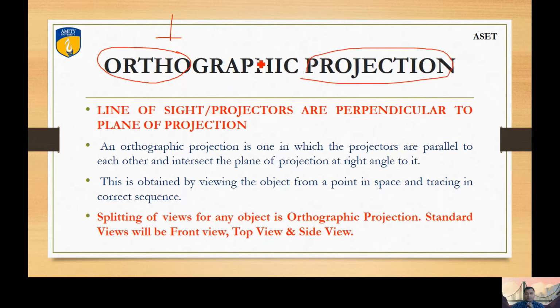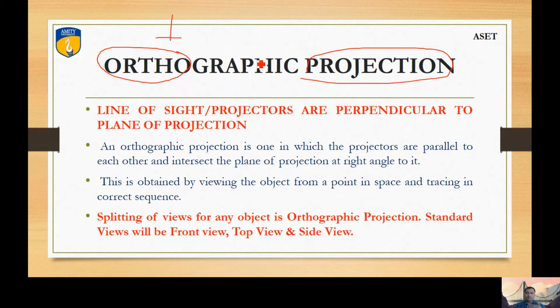So if I combine these terms, in orthographic projection the lines of sight are going to be parallel to each other, but they fall perpendicular to the plane, or perpendicular to the object.